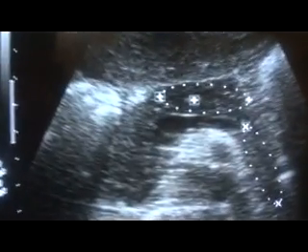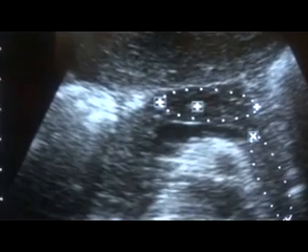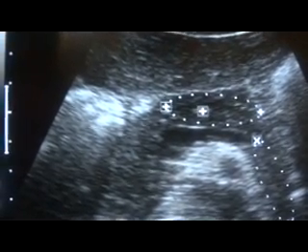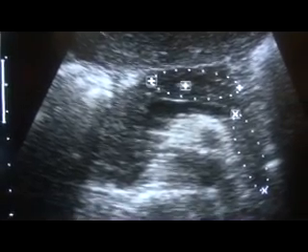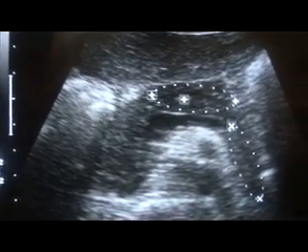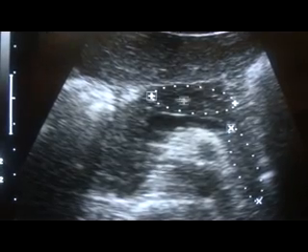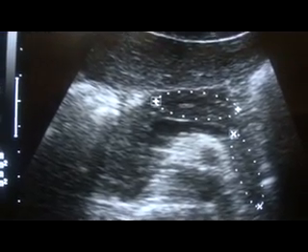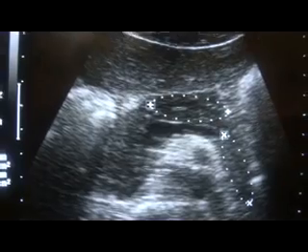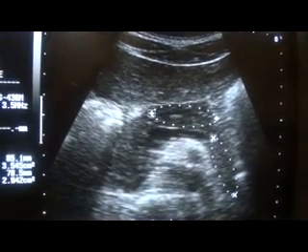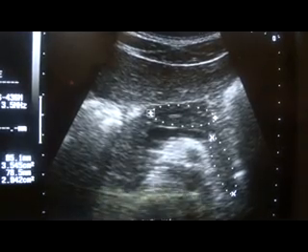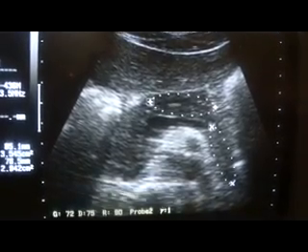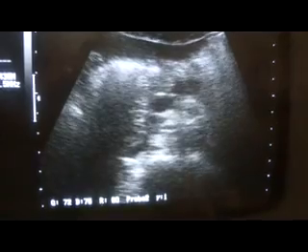The bowels are seen on the lateral side of the pancreas as well. These are the stomach bowel gases and food material in it. This is the aorta in transverse section. So this is the complete view of the pancreas.